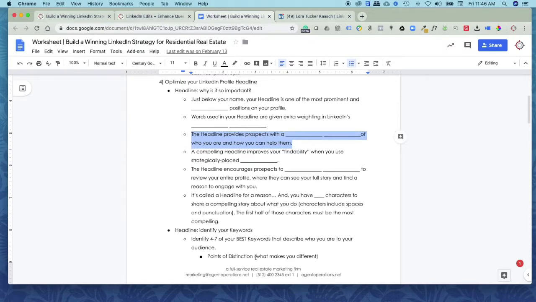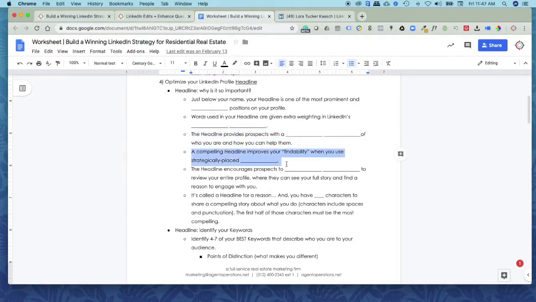You want to think about the audiences that you're talking to. And you want to put together a concise statement of who you are and how you can help them from point A to point B, or from facing challenges to guiding your clients to a solution and making them the hero of their own stories.